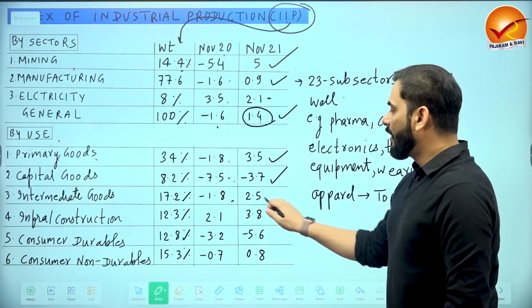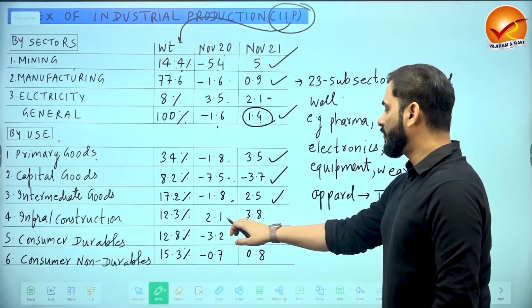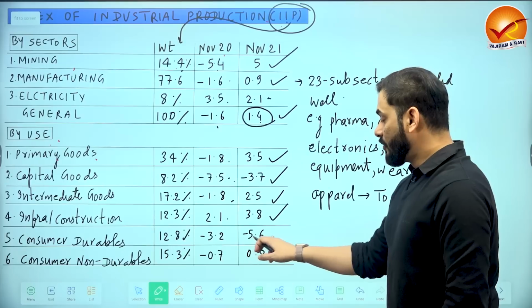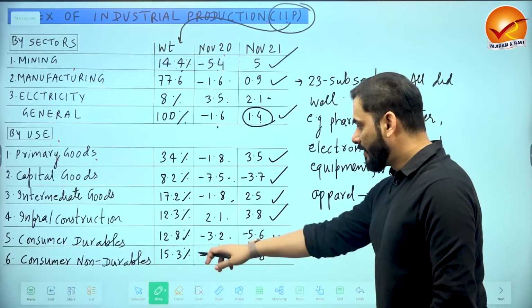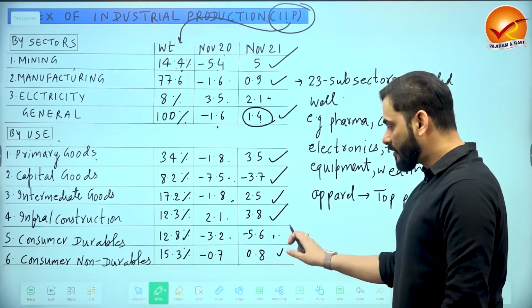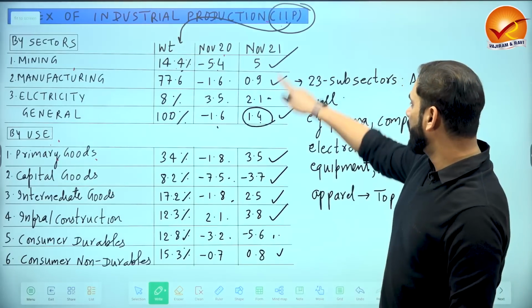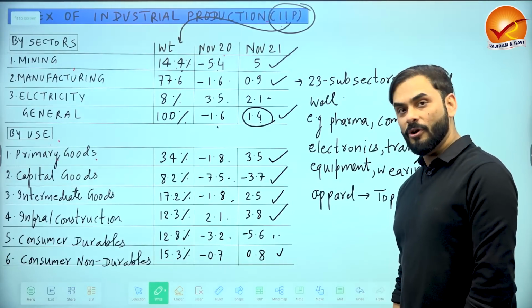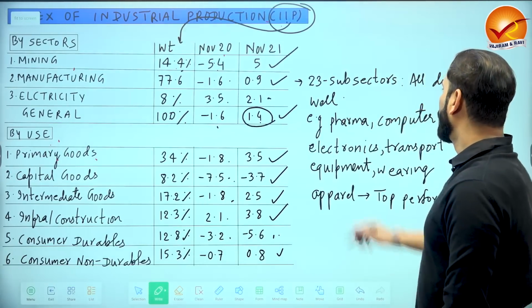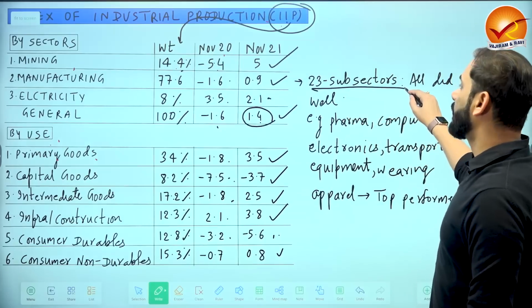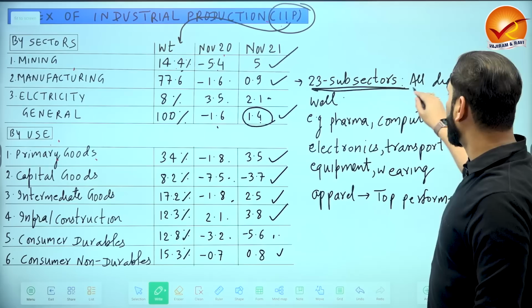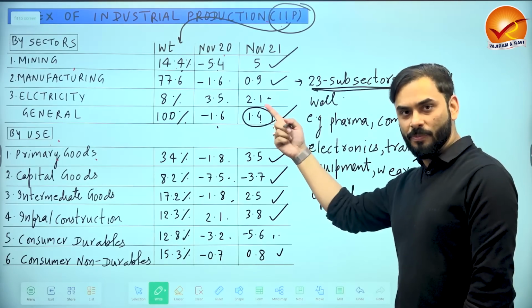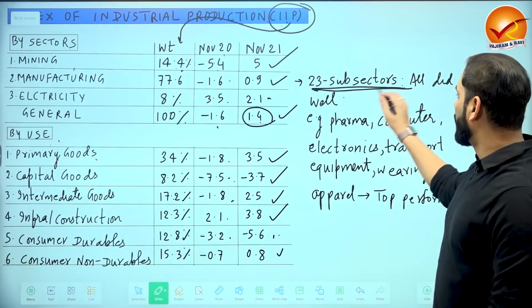From negative, intermediate goods became positive, infrastructure improved, consumer durable, see here there was some problem, and then consumer non-durable, yes, it improved. So if you look at this entire thing, you will observe that there are total 23 subsectors inside this group, overall 23 subsectors.